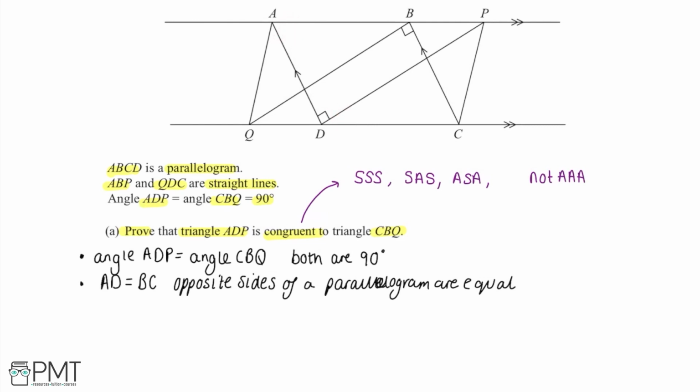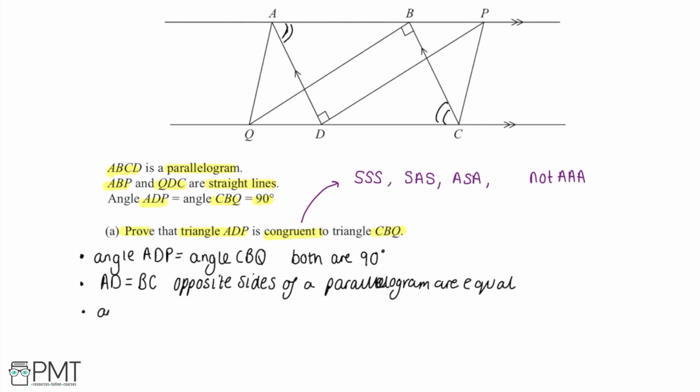However, these two angles, these opposite angles, are interesting because those are in fact in the triangles that we're looking at. So triangle ADP, this angle is in the triangle, and in this triangle here, it includes this angle. And we know that these are going to be the same because opposite angles of a parallelogram are equal.